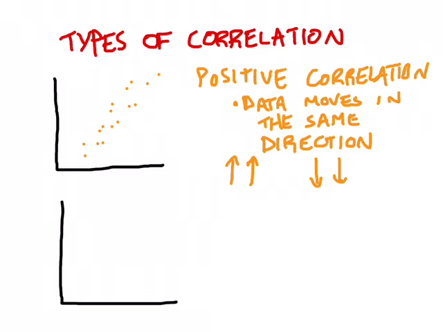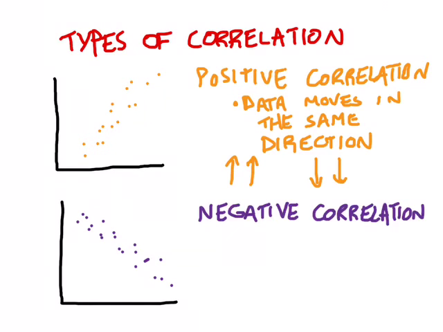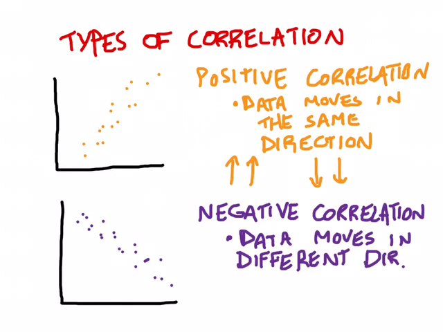The opposite is a negative correlation, and in a negative correlation we see the data traveling in the opposite direction, so down and to the right. That's a negative correlation. And in a negative correlation the data moves opposite each other, or in a different direction. So to illustrate, one piece of data might be going up while another piece of data is going down, or the opposite.